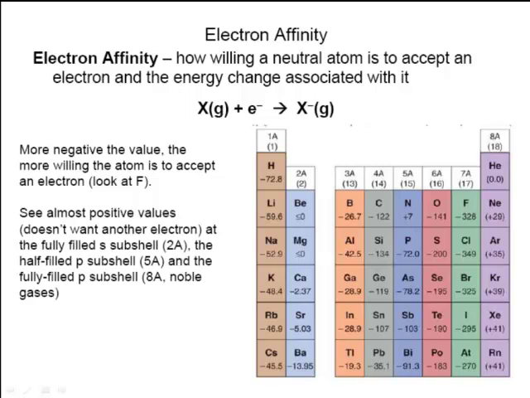So putting another electron in there means it has to compete with all those other electrons, so we get a lot more repulsive forces. It doesn't really want that extra electron. So electron affinity is how willing a neutral atom is to accept an electron. Think in terms of how willing it is to form an anion. The more negative the value in this table, the higher the electron affinity.